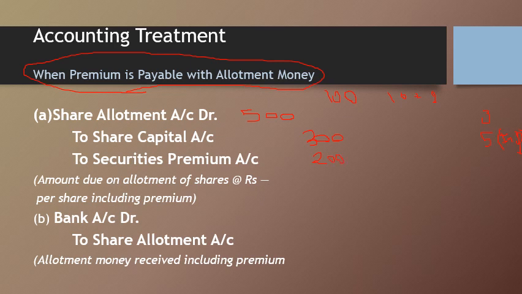So this is how we make due the allotment. And when the allotment is received, we get cash: bank account debit to share allotment rupees 500. So this is how we record when the premium is collected along with the allotment money.